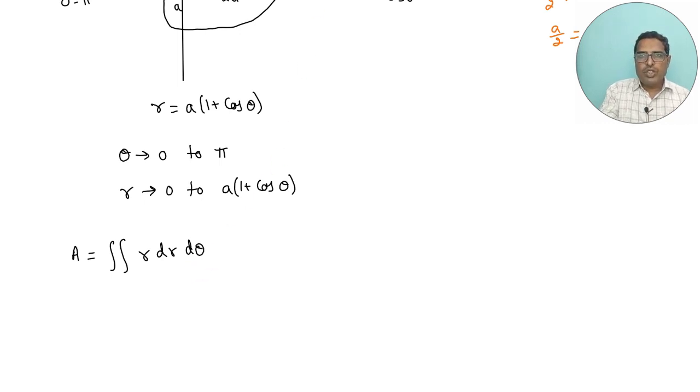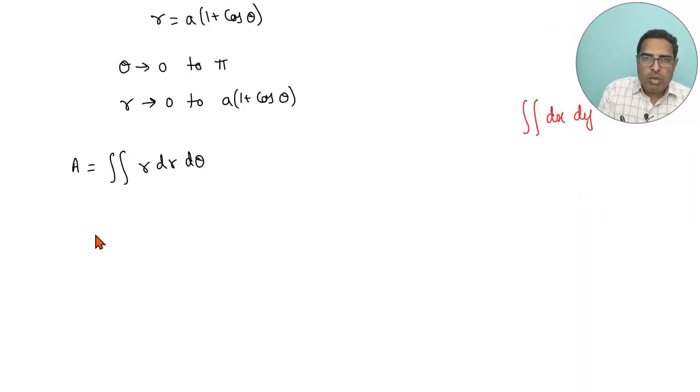We have seen in the case of the Cartesian coordinates, the area enclosed under a closed curve is represented as double integral dx dy. But for the polar coordinates, we write down in this form, double integral r dr d theta.